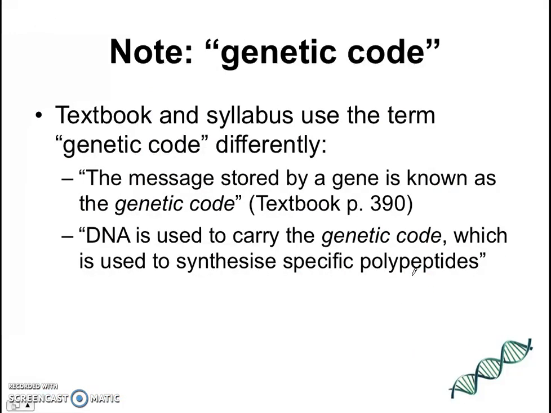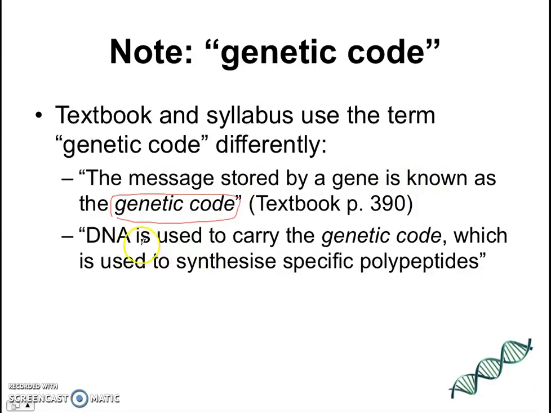Now, just one final note, your textbook and syllabus use the term genetic code a bit differently. Genetic code, I've already defined it. It refers to that set of rules by which you can match the codon to an amino acid. However, your textbook uses the phrase genetic code in this way. It says that the message stored by a gene is known as the genetic code.